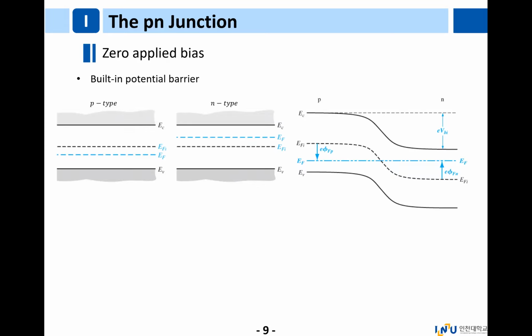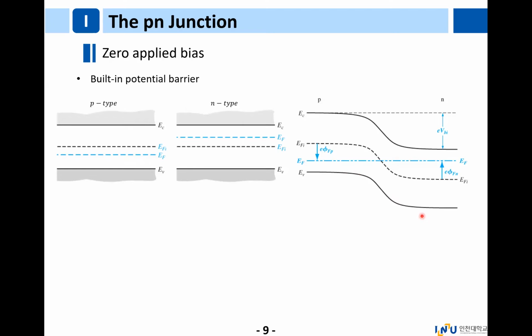Let's proceed with the mathematical analysis. In a p-n junction, the Fermi levels of the p-type and n-type semiconductors need to align horizontally, right? They need to align horizontally to create bending.